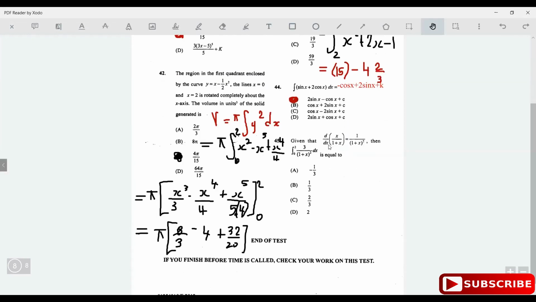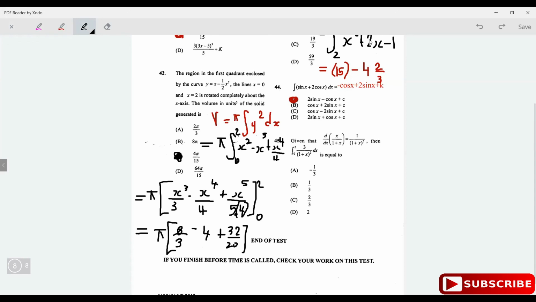Now this question says, given that the differential of this is 1 over 1 plus x squared, find the integral of 3 over 1 plus x squared. Now look at this. The differential of this is equal to this.